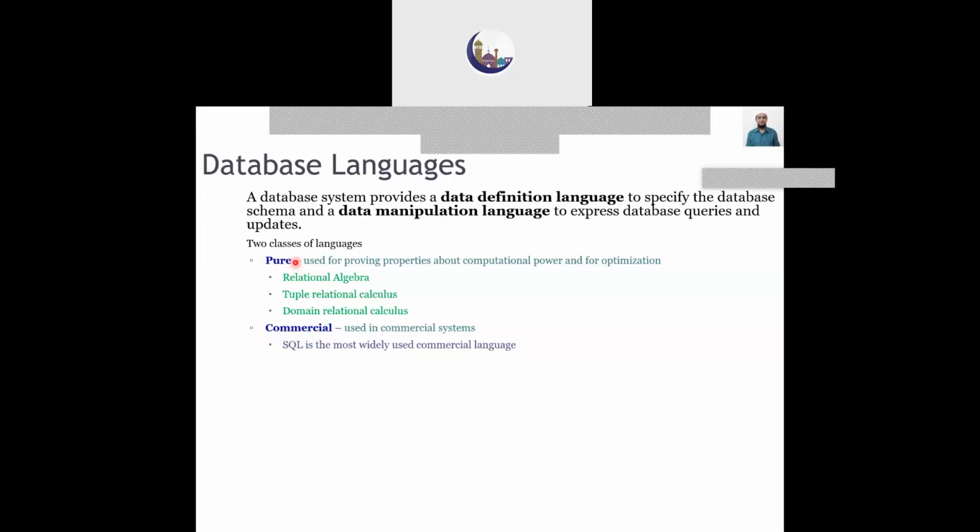Pure languages are a little complex in writing because we need to define in detail what is to be done from our side, which a normal learner cannot do. So we need to make use of things which have already been defined, which the computer can understand directly, and those are given by certain commercial companies like Microsoft or Oracle and so forth. And to use them, we need to pay.